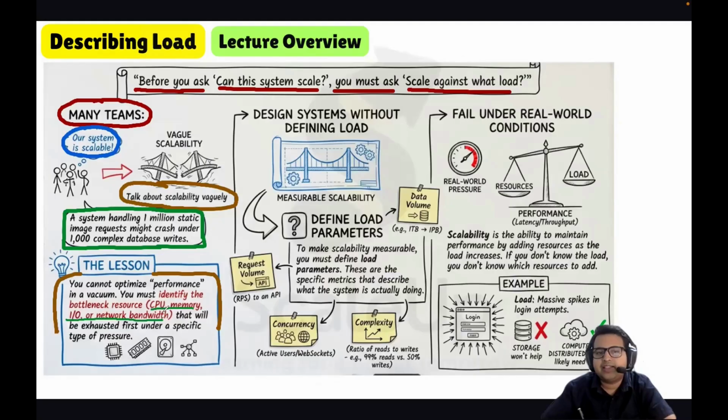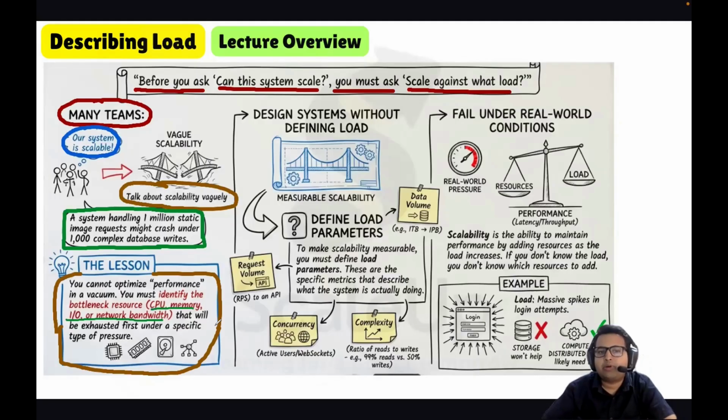We cannot have infinite compute power or infinite memory like the RAM. So you must identify bottleneck resources that will be exhausted first under a specific type of pressure.